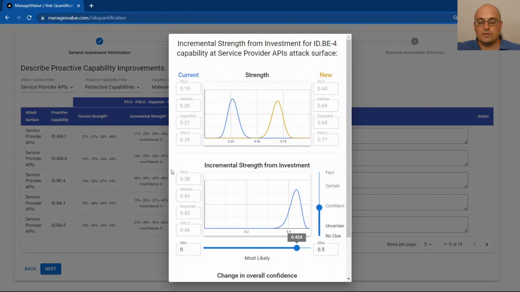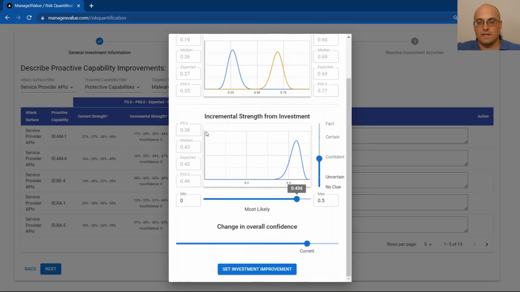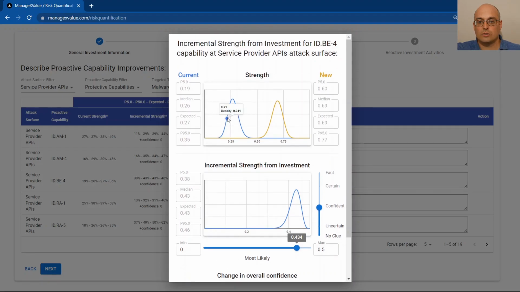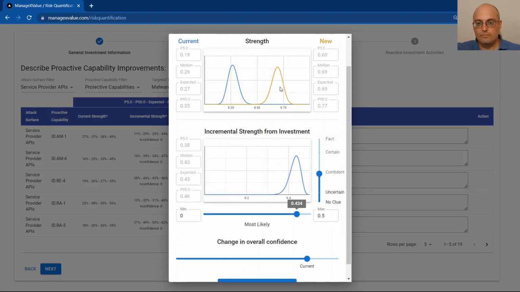So when we make an assumption around the benefits of the investments if executed properly or as planned, what you see here is really an understanding that the current strength of the capability on this attack surface is illustrated with the blue line or curve, while the new strength is illustrated with this orange curve.